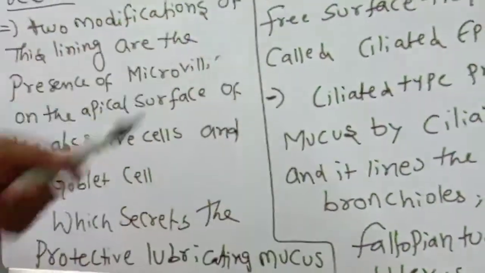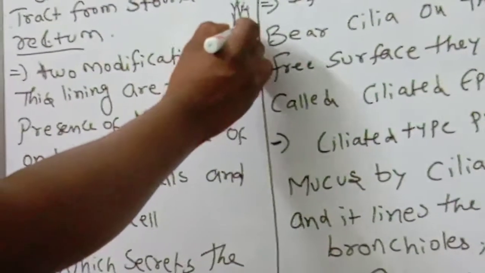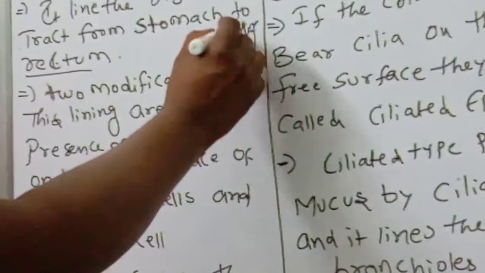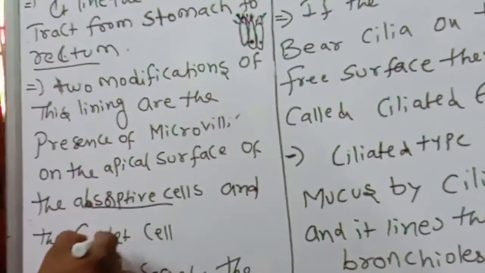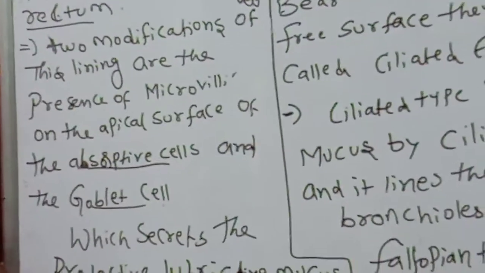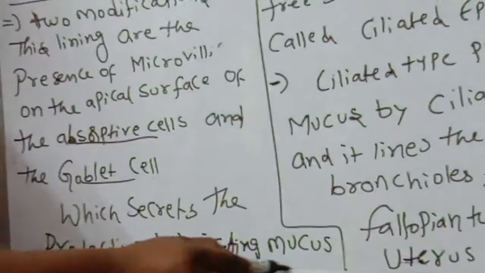The absorptive cells and the goblet cells secrete the protective lubricating mucus.